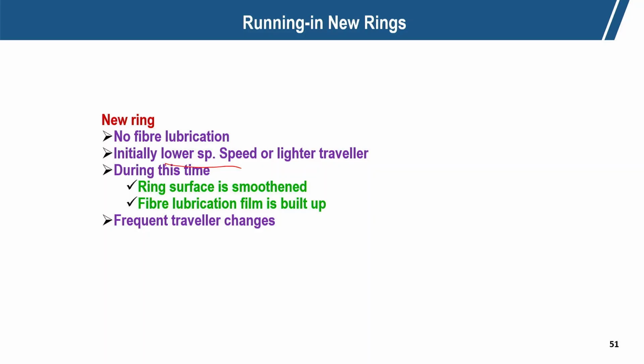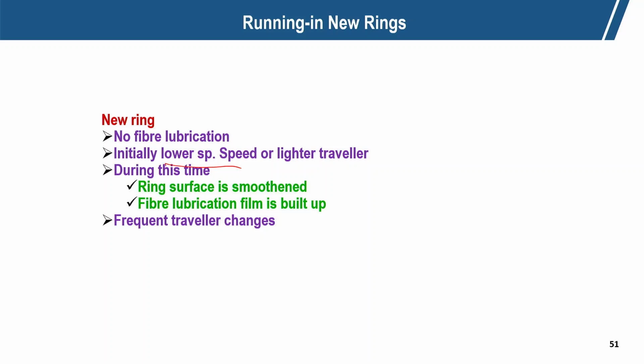If we start at full speed, traveler burnout will occur, and there will also be higher yarn tension due to higher friction, so yarn breakage will be there. That is why for a new ring we have to run the machine at lower speed.